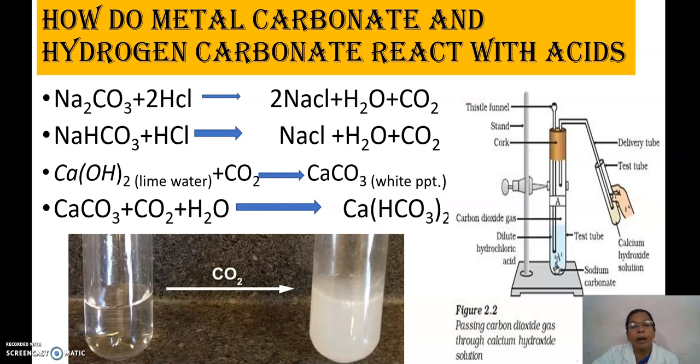And if you are passing carbon dioxide for a long time through the solution, you can see that the white precipitate disappears and the solution becomes clear. This is because, see the next reaction written here, the calcium carbonate formed is reacting with the excess of carbon dioxide and water, and the product formed is calcium hydrogen carbonate or calcium bicarbonate.